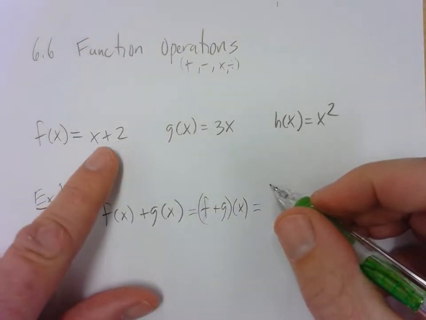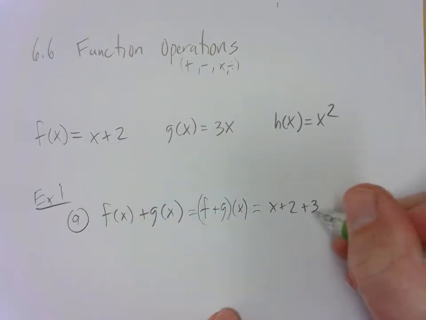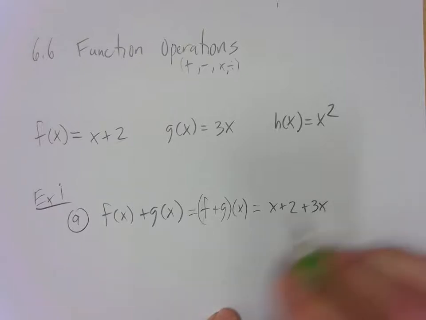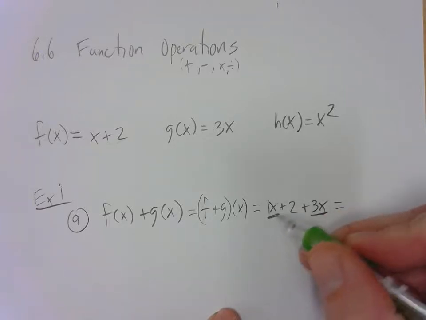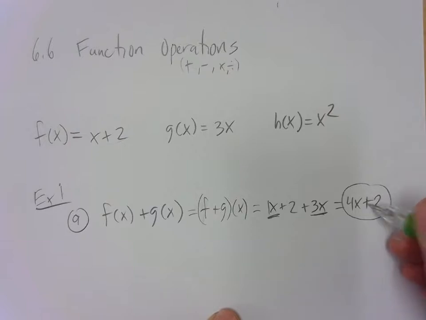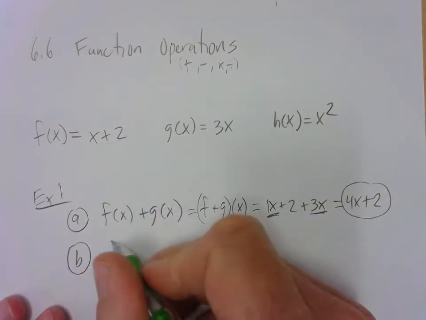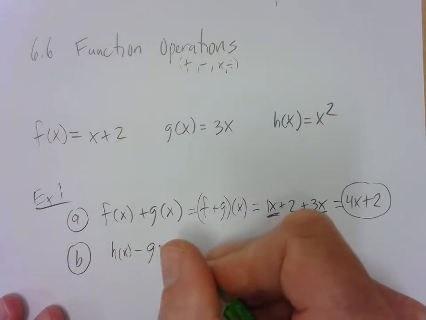So I'm going to write down the f function first, which is x plus 2, write down the g function second, 3x, and then I just add the two functions together. Well, the like term situation is happening here, so I can add these two functions together by collecting the like terms. Those are like terms, and 1 of them plus 3 more makes 4x, and then the 2 follows along. So 4x plus 2.